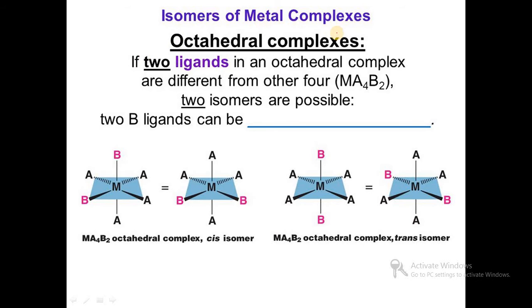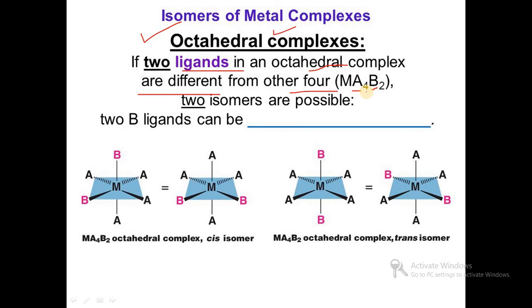So isomers of metal complexes, in the case of coordination number 6, the geometry is octahedral. So these are the octahedral complexes. If two ligands in an octahedral complex are positioned differently from the other 4, then the type is MA4B2.